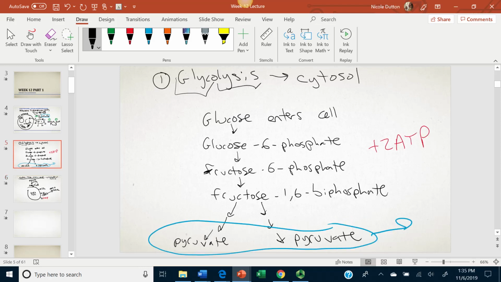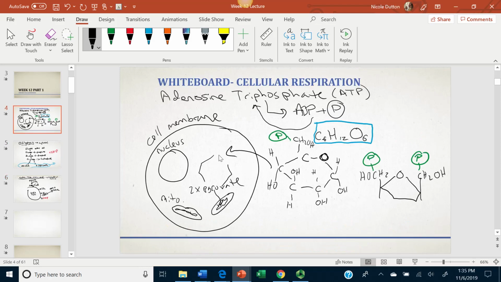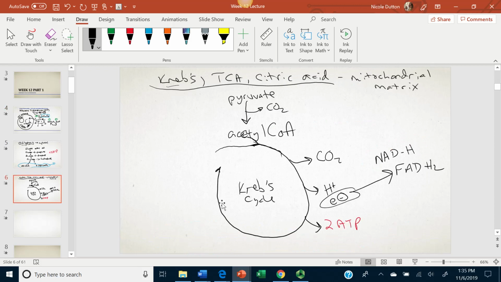So, to recap, glucose was brought into the cell, glucose got ripped in half to pyruvate. Pyruvate got shoved inside of the mitochondria, and inside of the mitochondria, that pyruvate got broken down into its building blocks.